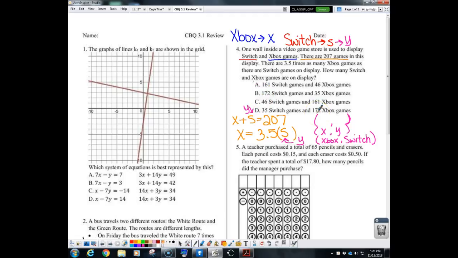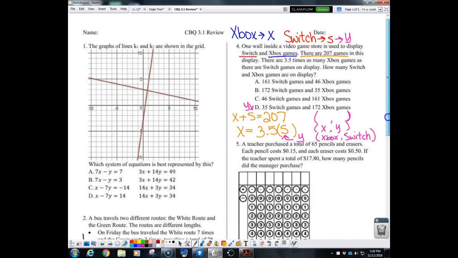And be careful, because like I was saying yesterday, they have them flipped: 161 and 46 Xbox. Well, they have 46 Switch and 161 Xbox. So you have to be careful. You have to figure out where the Xbox and the Switch is. Same thing, 172, 35, 35, 172. So be careful when you're doing that.